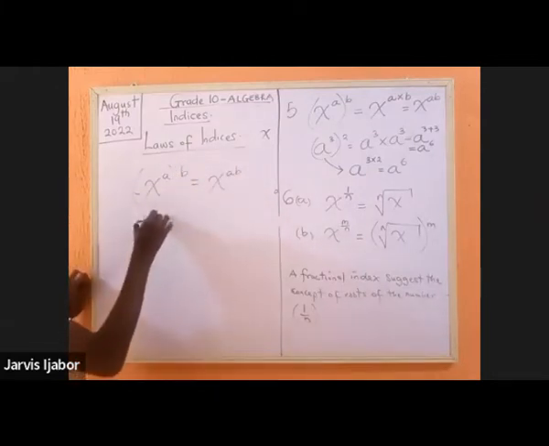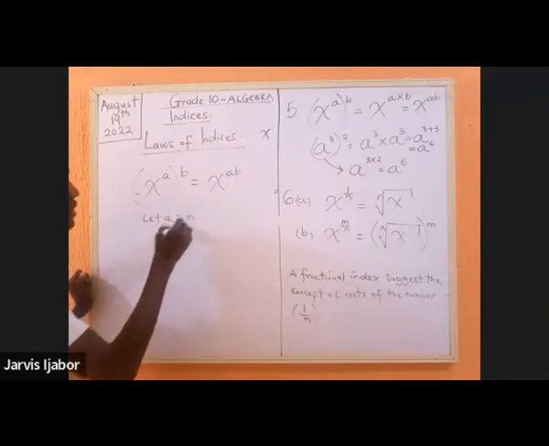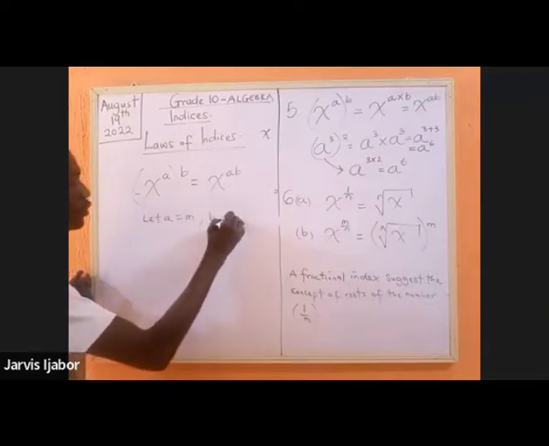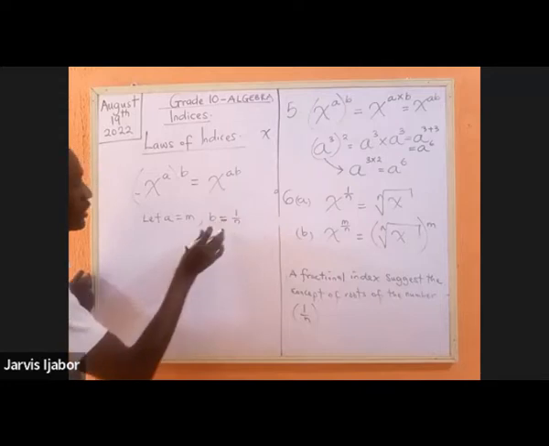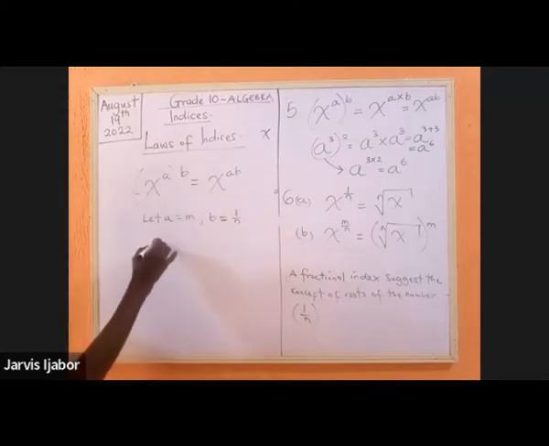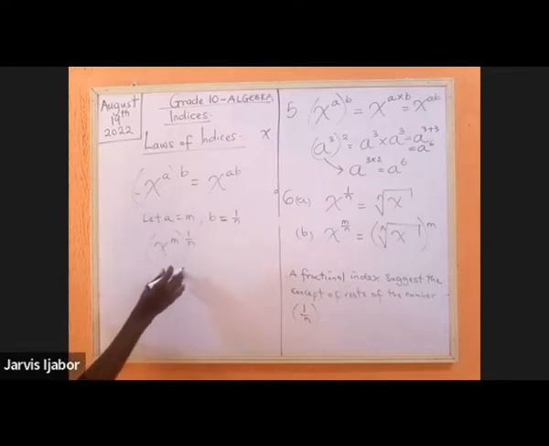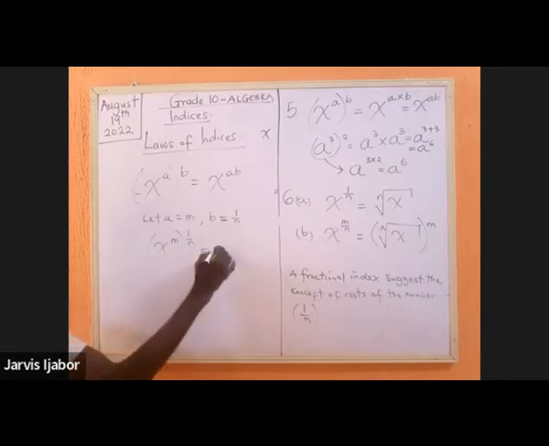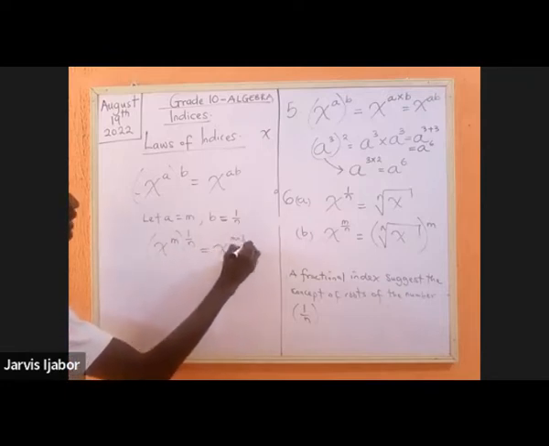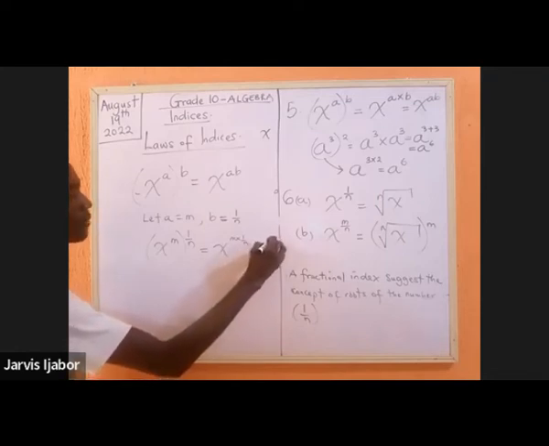Now, let a be equal to m, b be equal to 1 over n. You discover that what you're going to have will be x raised to the power of m, raised to the power of 1 over n. This one will simply be x raised to the power of m times 1 over n. And that will be x raised to the power of m over n.